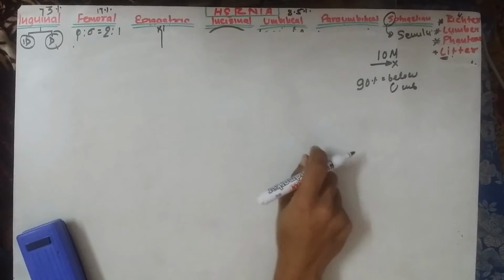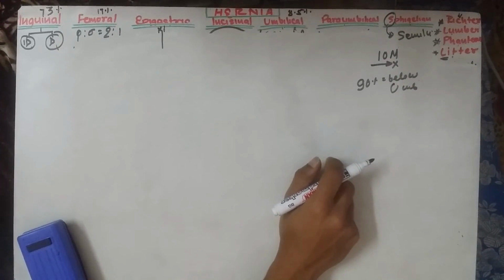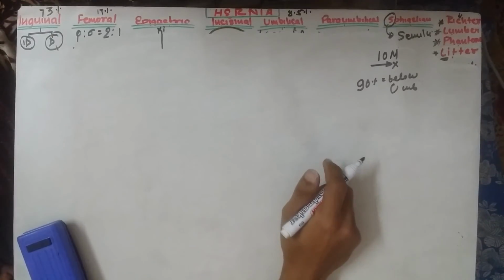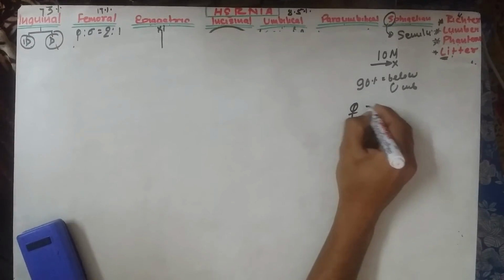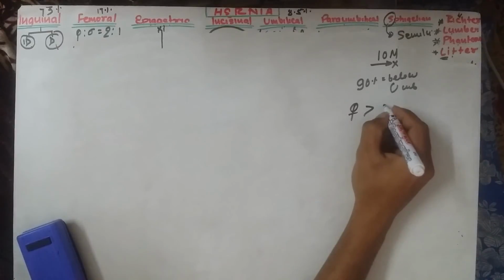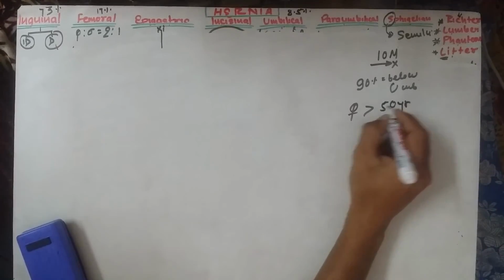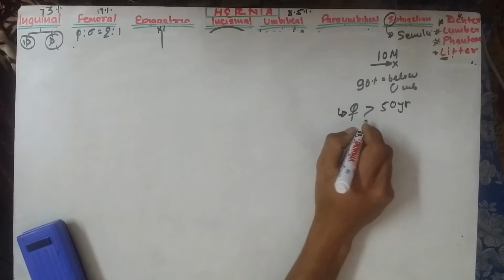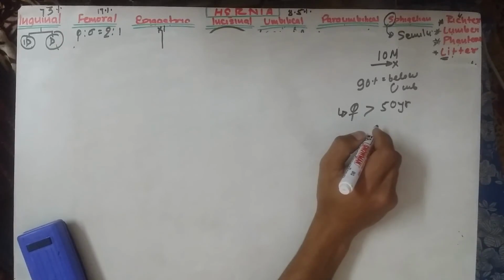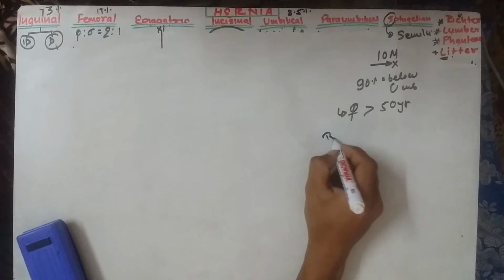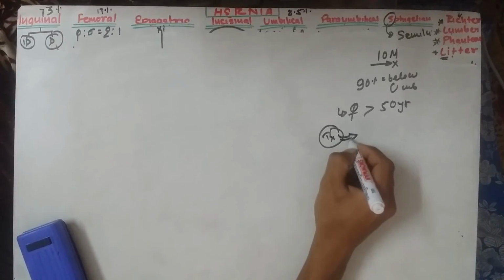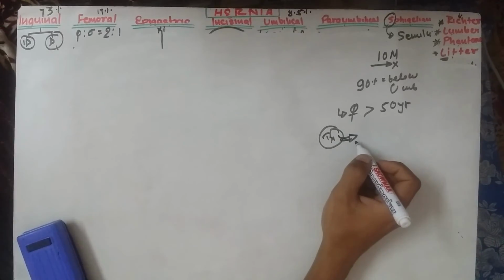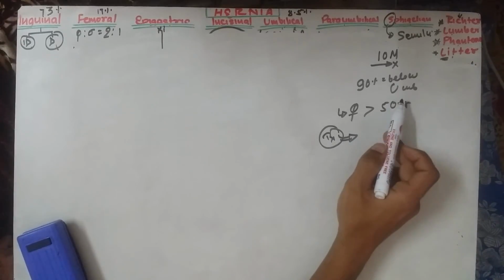Usually there is some precipitating factor. This is also more common in females, and females more than 50 years of age are more prone to have a spigelian hernia. Usually they also need surgical repair, with reduction of the sac along with repair by suturing or by using mesh. Okay, so this was the spigelian.